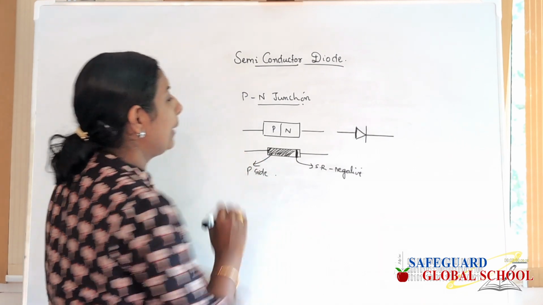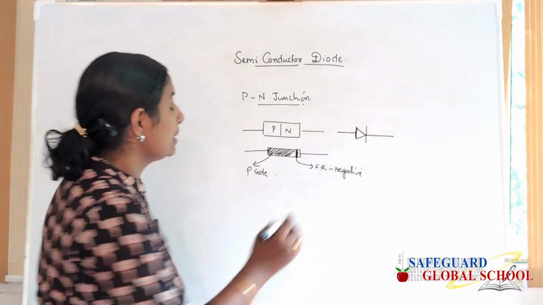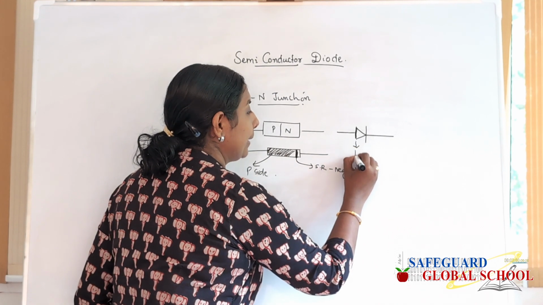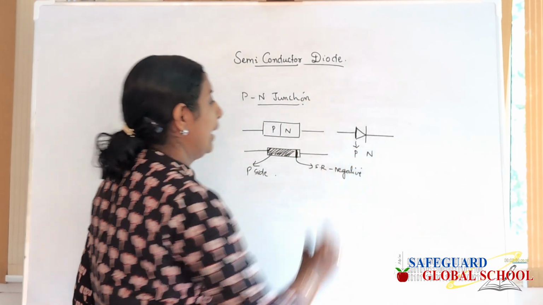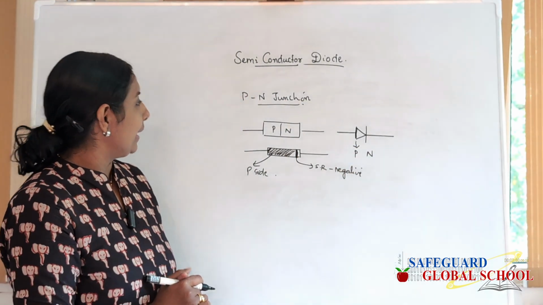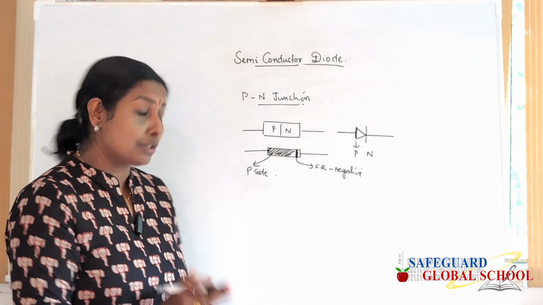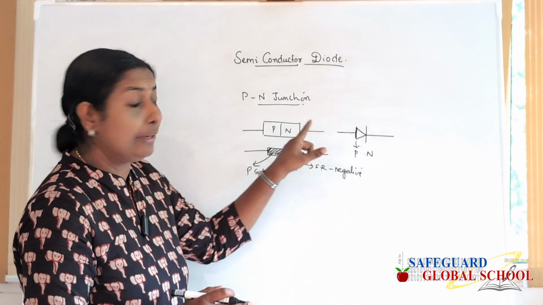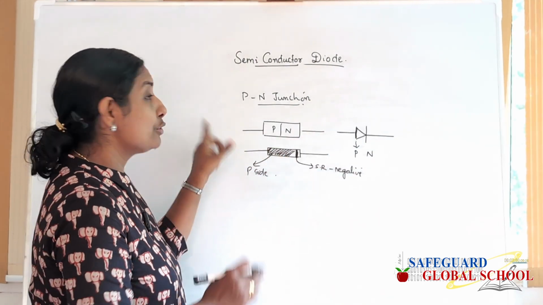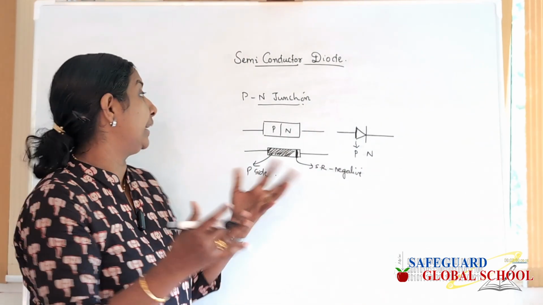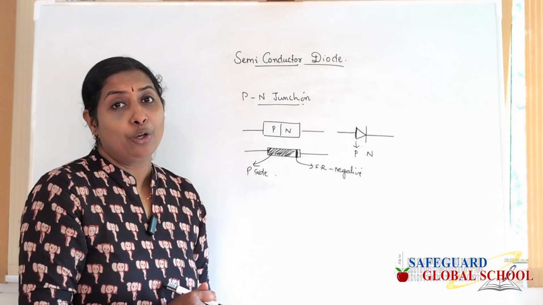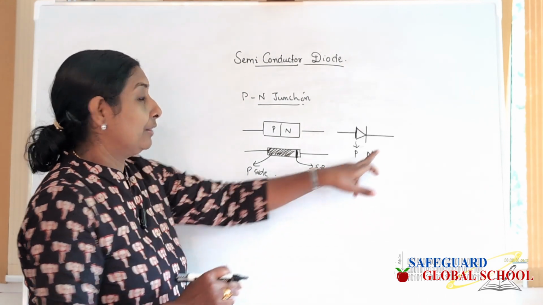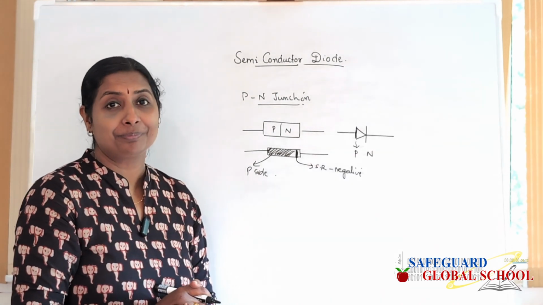The circuit symbol of a PN junction diode is this, and this is the P side and this is the N side. So a PN junction diode consists of a PN junction. It's a two-terminal device with two metallic leads so that we can fit it to a battery or any other circuit. I hope that you have understood this and the circuit symbol also.